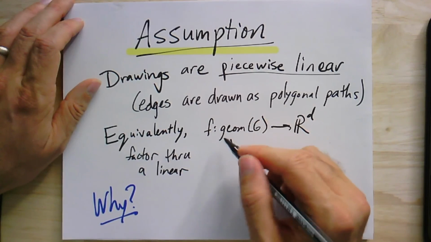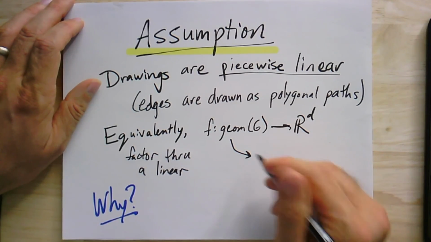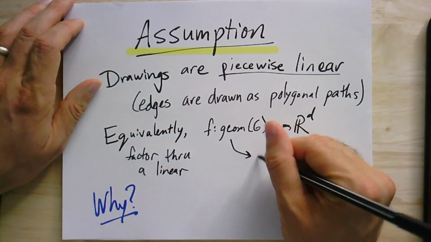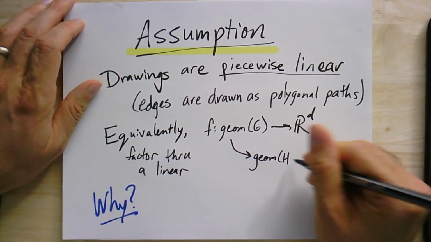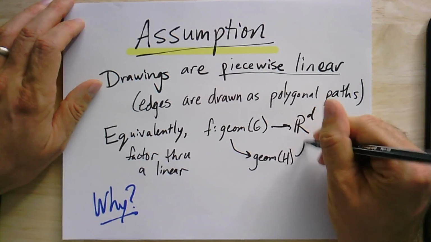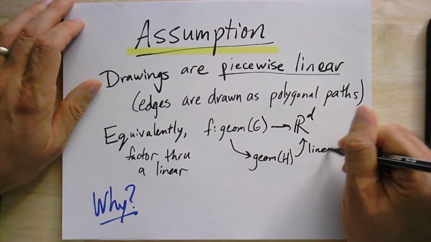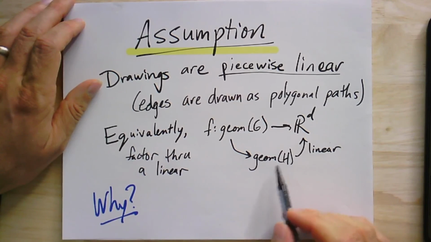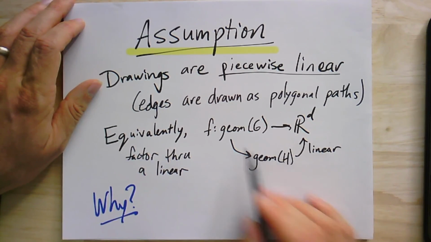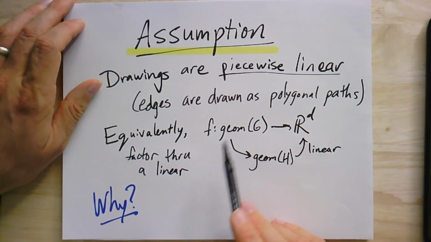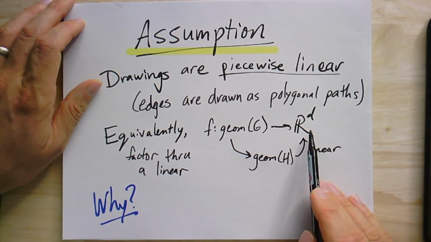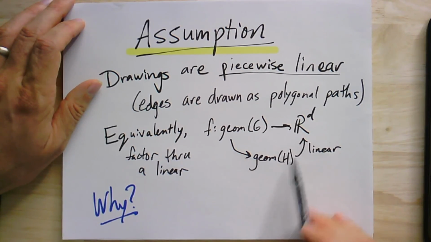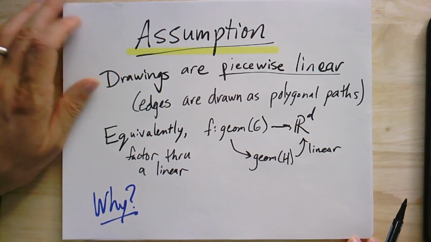Instead of going straight here, I could have taken this geometric realization of G, mapped it into the geometric realization of some other graph, let's call it H, and then this map here is linear. And for practical purposes, you can think of H as being a subdivision of G. So if I took the edges of G, I possibly subdivide them. Now the linear map is going to take those subdivided edges and draw them as polygonal paths.